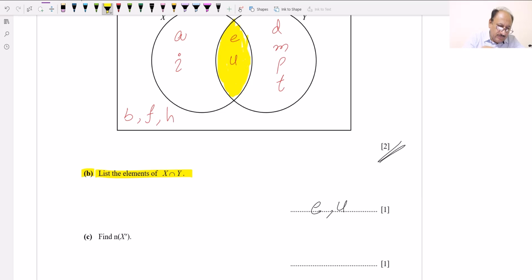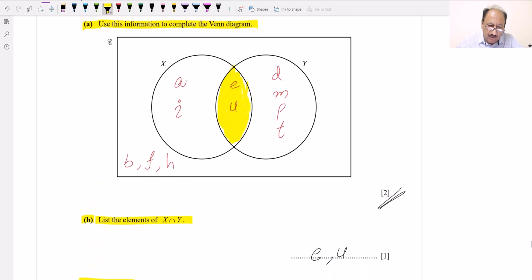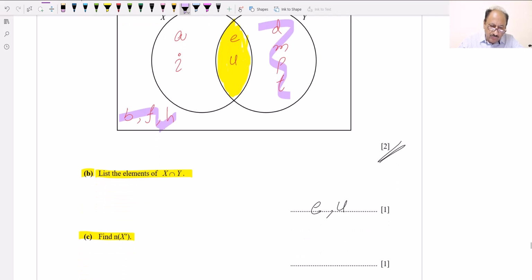And then part c, find n of X complement, whatever is not in X. Not in X will be these members, and these members are not in Y. So we count these, 1 2 3 4 5 6 7, so 7 members are not in X. This is also a 1 mark part.